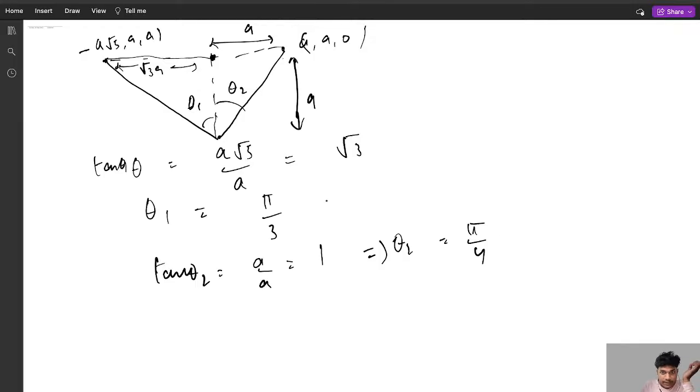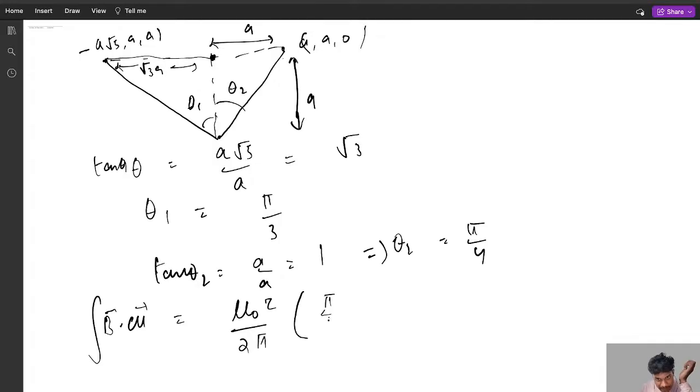So from here we get our integral of B dot dl is equal to mu naught I upon 2 pi times pi by 3 plus pi by 4.